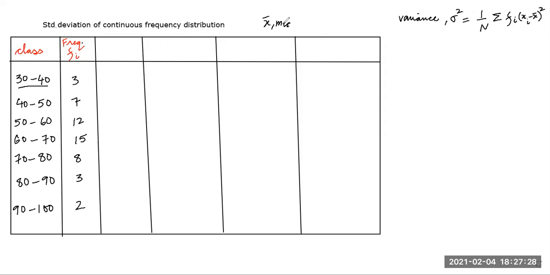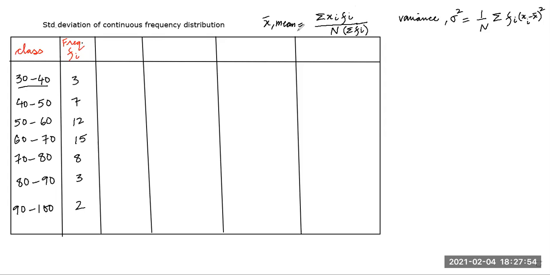And students, we know when frequency is given, how we can find the mean? Mean we can find as summation xi multiplied by fi divided by total number, we can write n, total frequency, we can write summation fi, right?